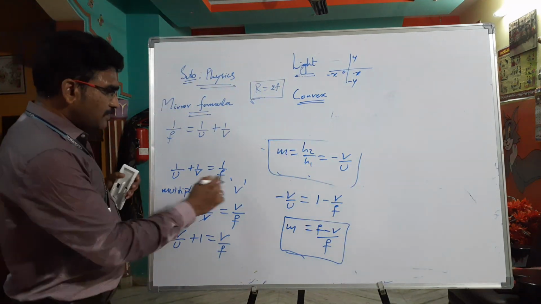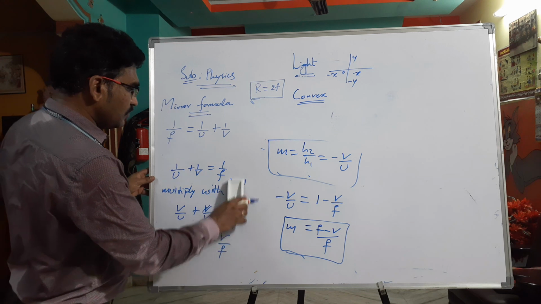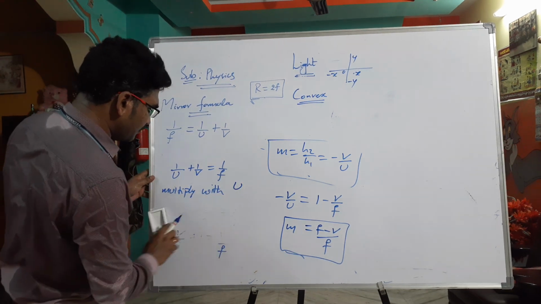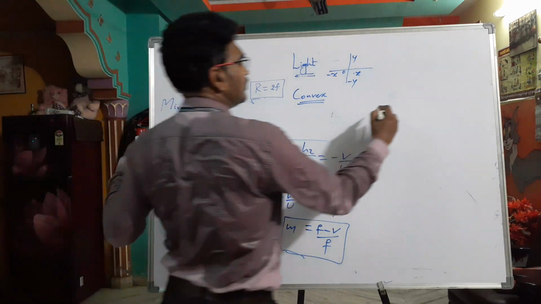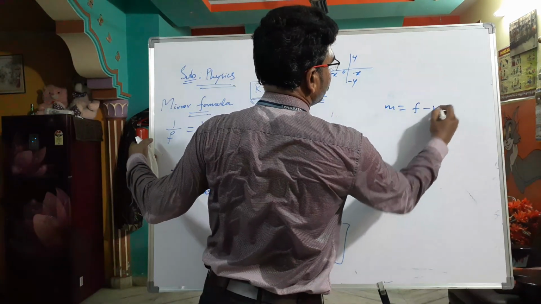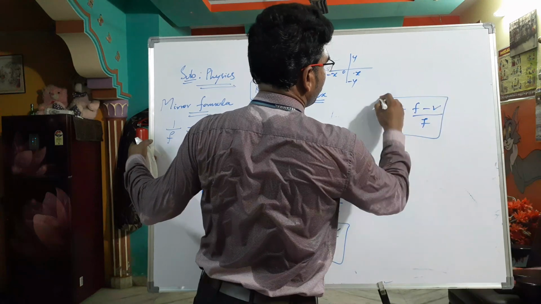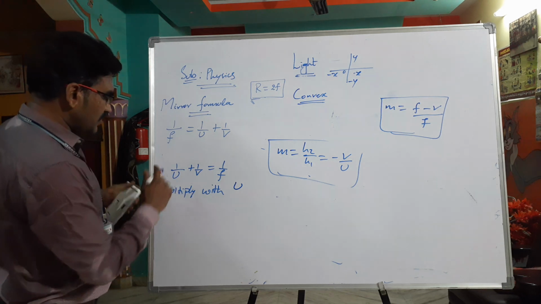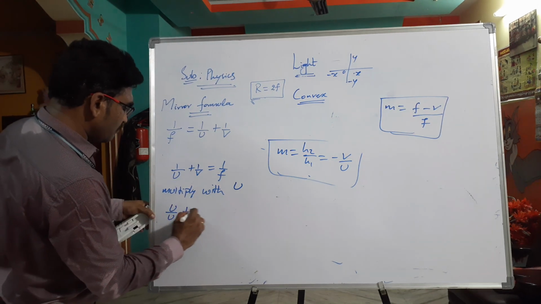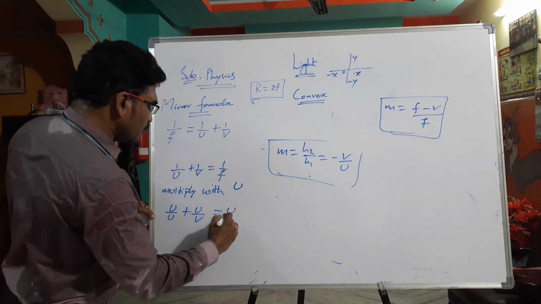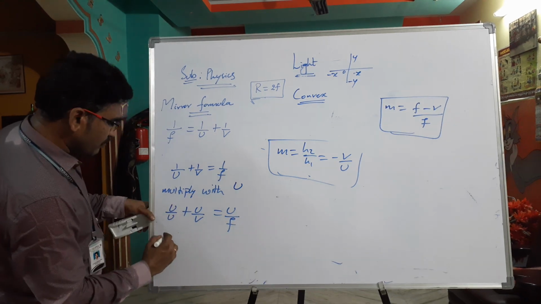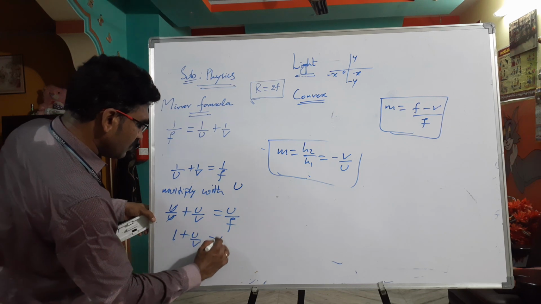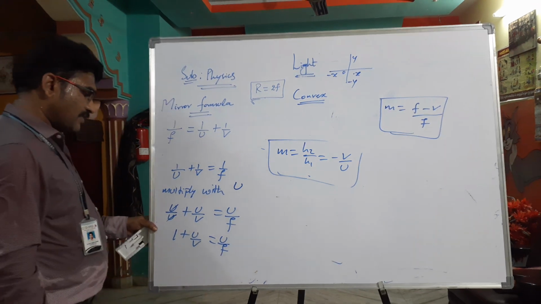Now multiply with u. Multiply with u, then what does it become? u by u plus u by v is equal to u by f. u by u is 1, so it becomes 1 plus u by v is equal to u by f.